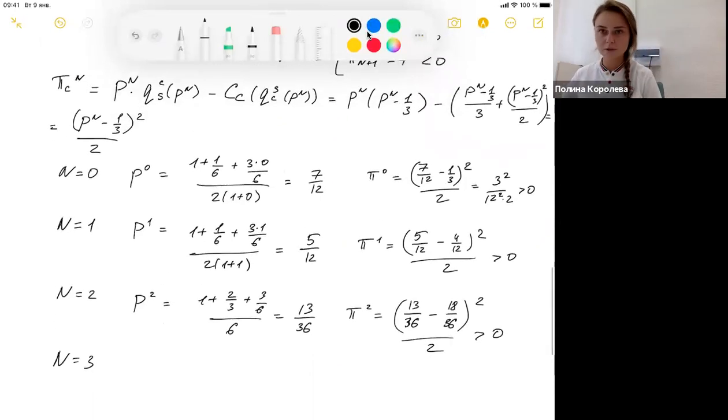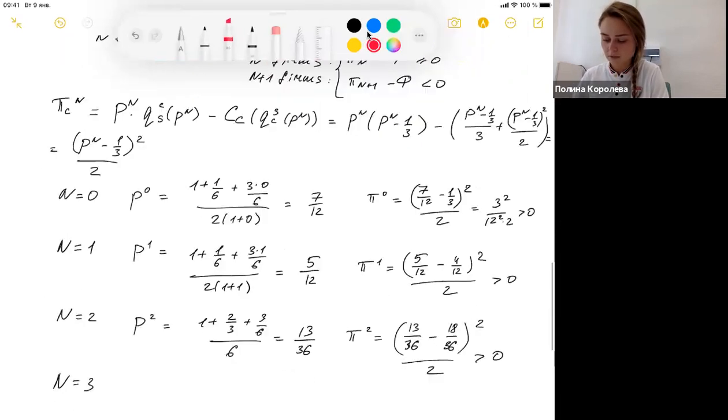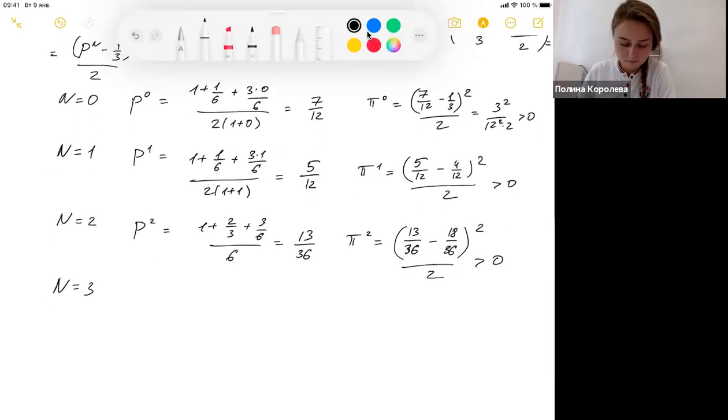Let's see what information we have about the price that the monopoly charges for the number of firms equal to 3. You see that the behavior of the price changes. If the number of firms is now bigger than or equal to 3, the price, if we have 3 firms, equals 1/3.